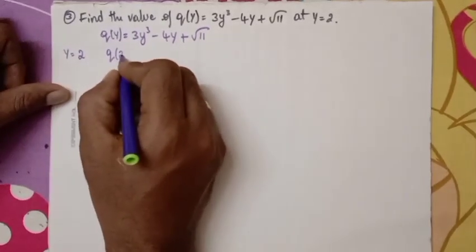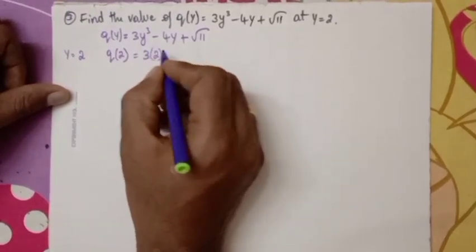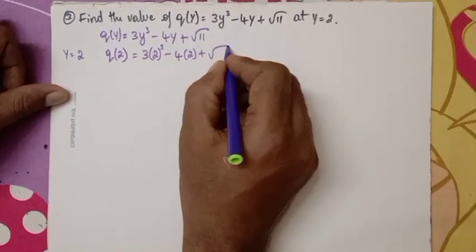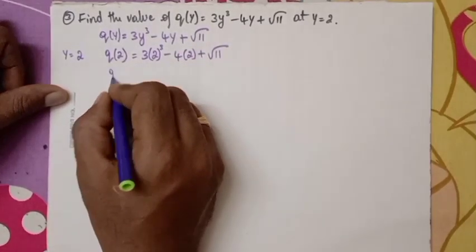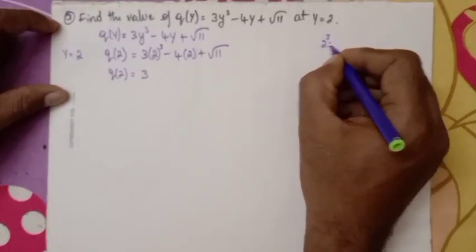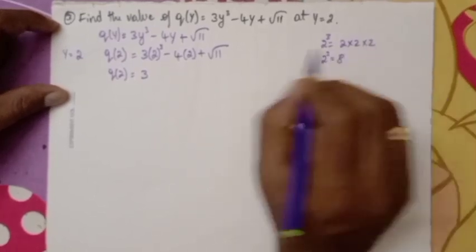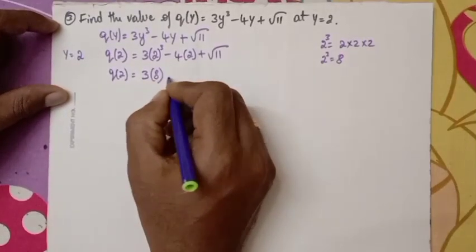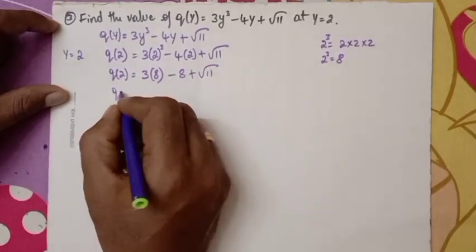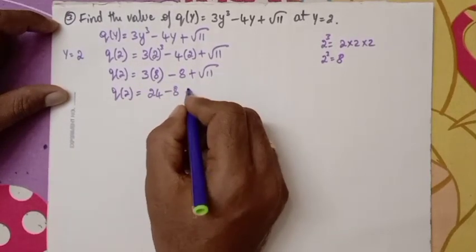So q of 2 is equal to 3 into 2 cube minus 4 into 2 plus square root of 11. 2 cube is equal to 2 into 2 into 2, which is equal to 8. So 3 into 8 minus 4 twos are 8 plus root 11. So q of 2 is equal to 8 threes are 24 minus 8 plus root 11.